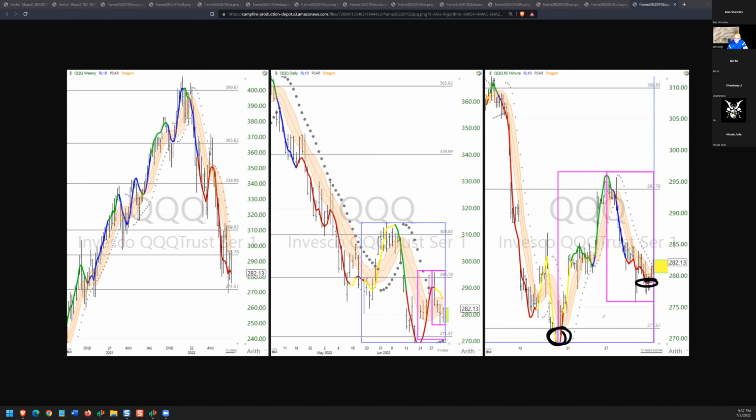Important test, kind of a Cota 2 support level in the Qs. So it's had two legs. This sold off and tried to hold support, fought its way back up into support these last three days. So now this is the test. Can this hold?